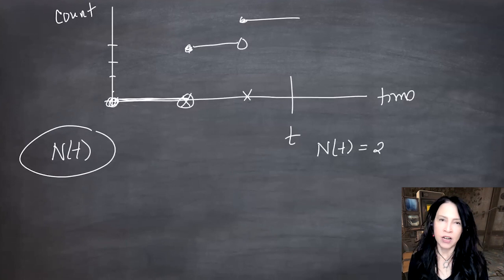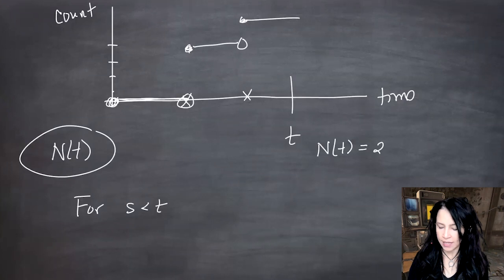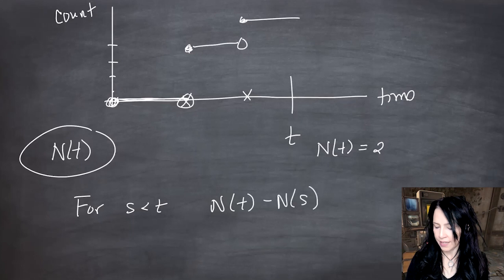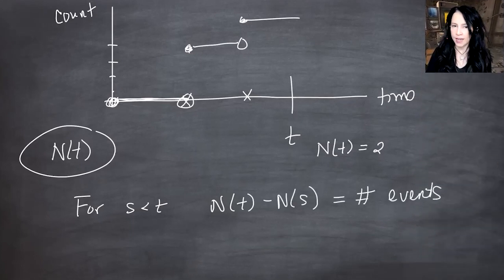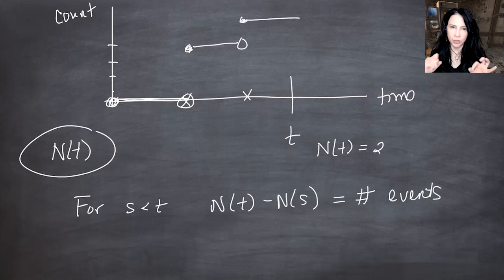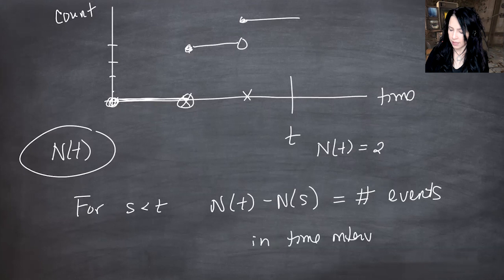And we're going to talk a lot about increments of the process. So if you have like 2 time points, s less than t, then N of t minus N of s is the number of events. And because we defined it going up to and including time t, this is the number of events that occur in the time interval open s to close t.